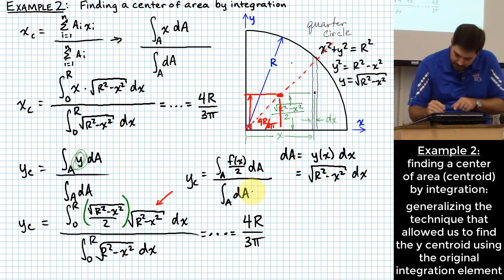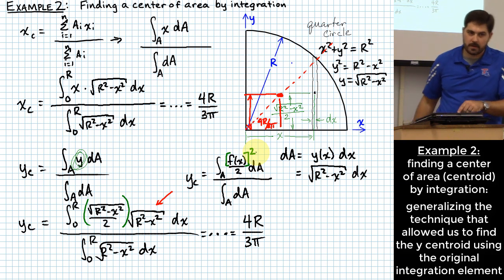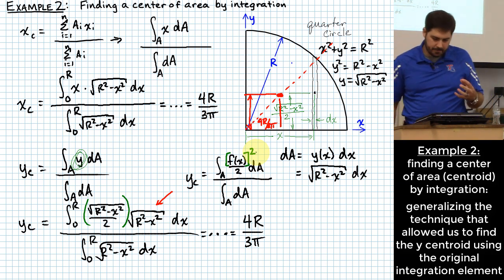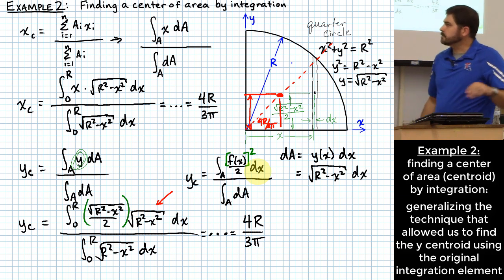Right? And I should have put, what should I have put there? f of x squared. And then here I should have put what? Okay?